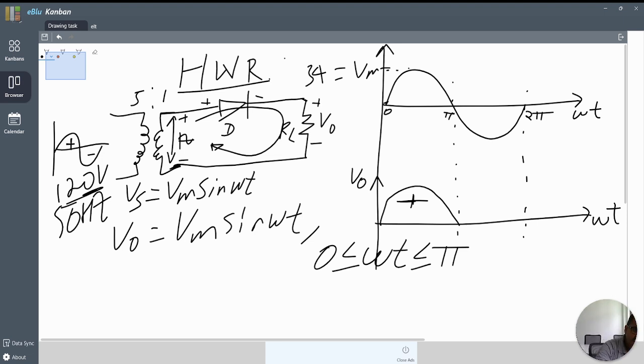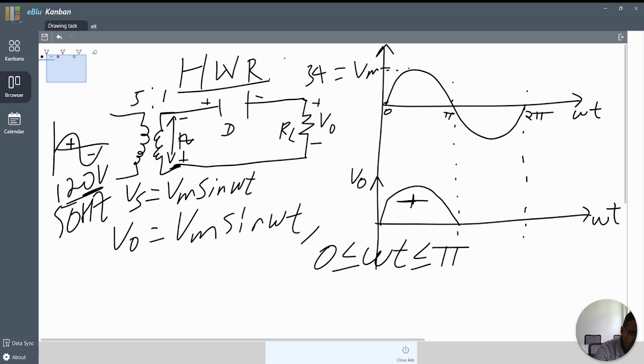But during the reverse time, let's see this one as negative, this one as positive. During this time, our diode becomes blocked, so it is an open circuit.